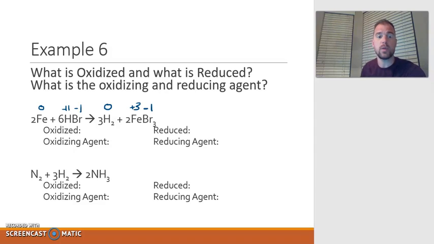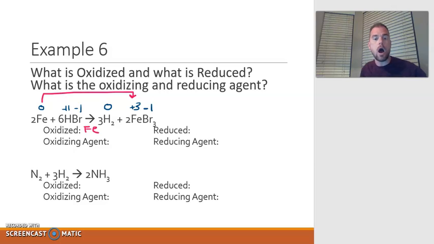Okay? And now that we've done that, we can look from the reactant side to the product side. What's changing? Notice iron went from 0 to +3. So iron's charge went up. If its charge went up, what does that mean? Was it oxidized or was it reduced? The answer is it was oxidized. So I would put down here, iron was oxidized, Fe.